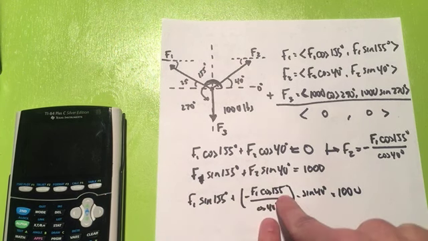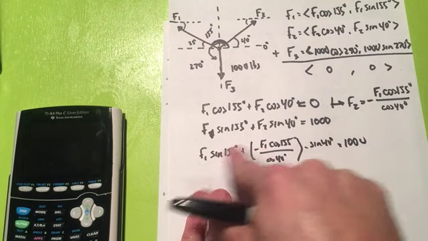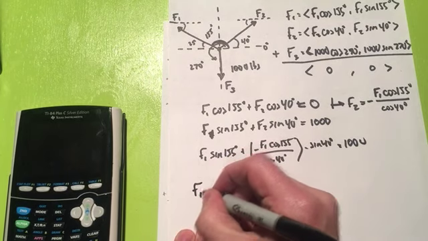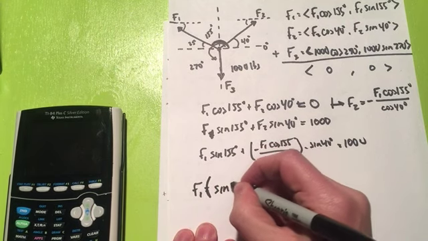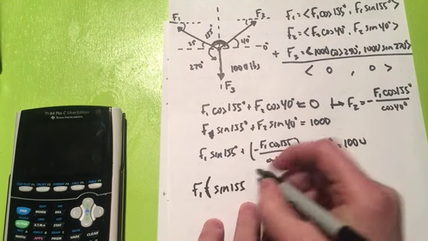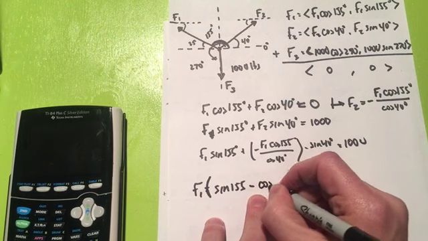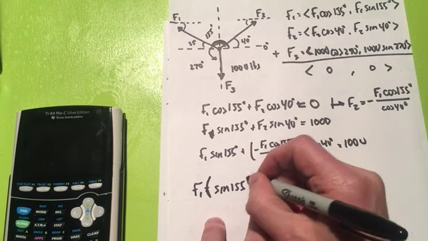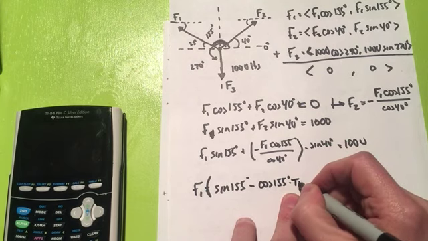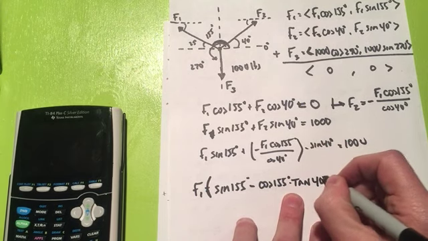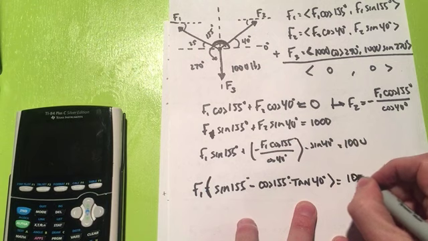What I see here is sine 40 over cosine 40, and I can also factor F1. So we have F1 multiplied by sine 155 minus cosine 155, times sine of 40 over cosine of 40, which is tangent of 40 degrees, equals 1,000.